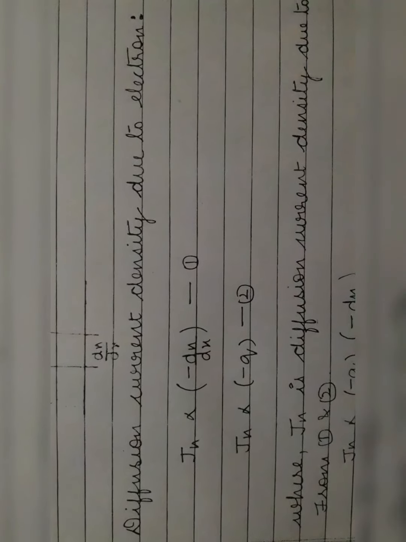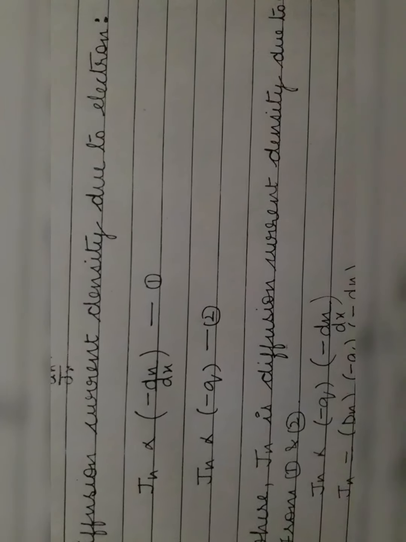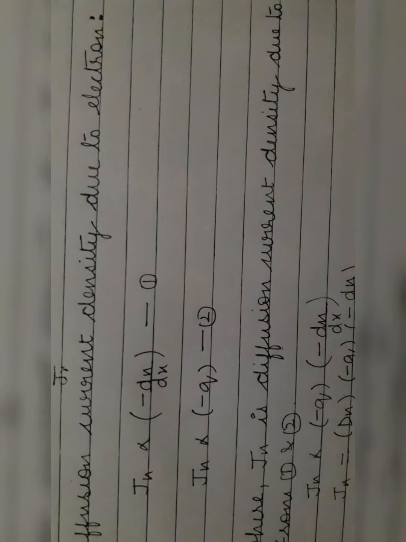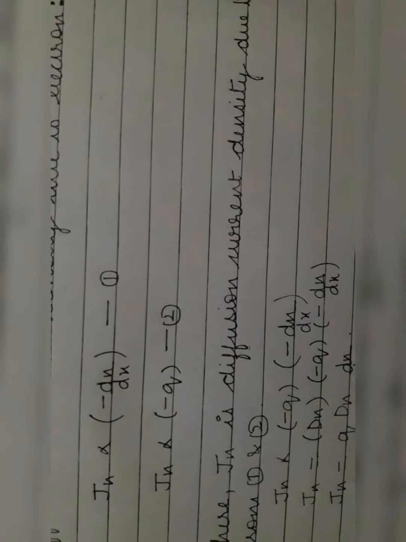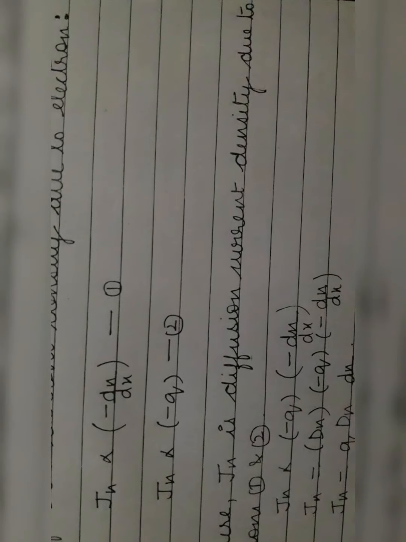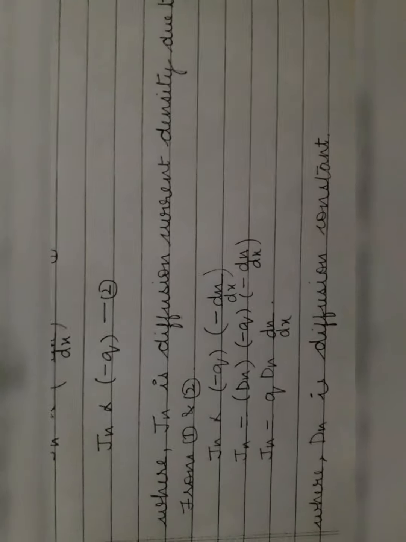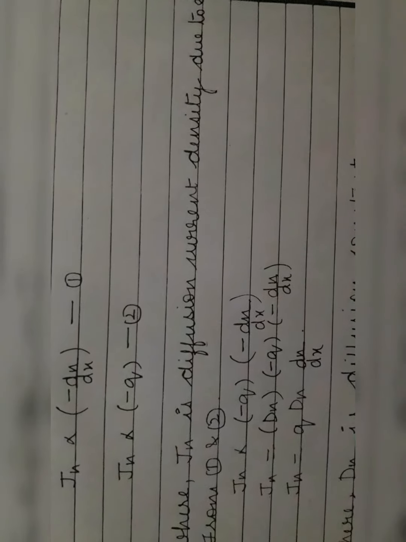Diffusion current density due to electron Jn is proportional to minus dN by dx. This is equation 1. And Jn is directly proportional to minus q. This is equation 2, where Jn is diffusion current density due to electron.